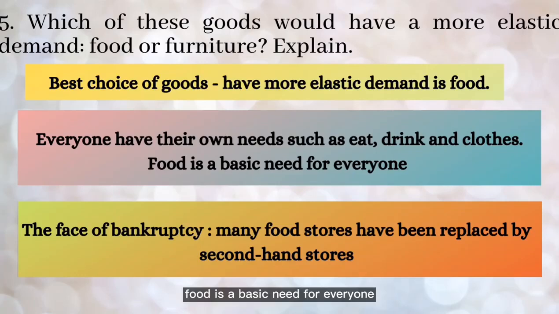Food is a basic need for everyone, but they also have more choice to choose what kind of food they need and how much it costs. In the face of bankruptcy, many food stores have been replaced by second-hand stores which sell high-quality second-hand food at discount price.